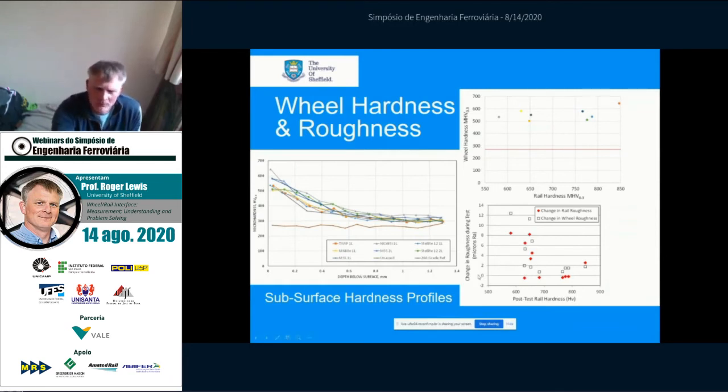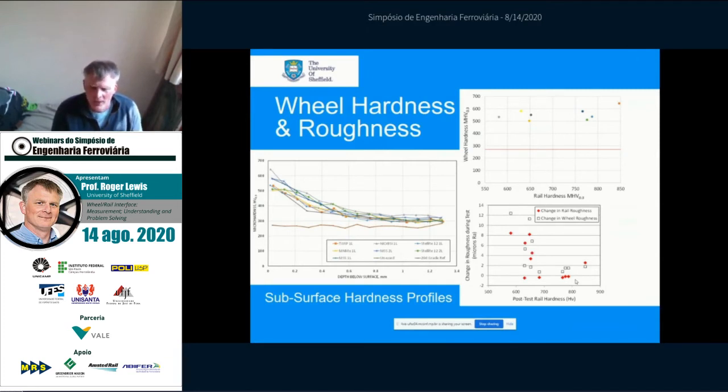We did some measurements of the roughness as well and the change during the test, which gave us some interesting data. And it showed there was a threshold at which point the change in roughness dropped from being quite high to being below 0, which is showing us the really hard materials we were testing were, I guess, being polished up or abraded.